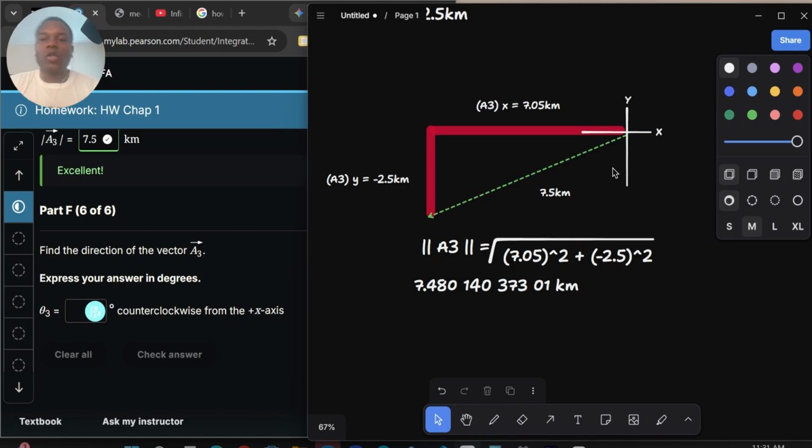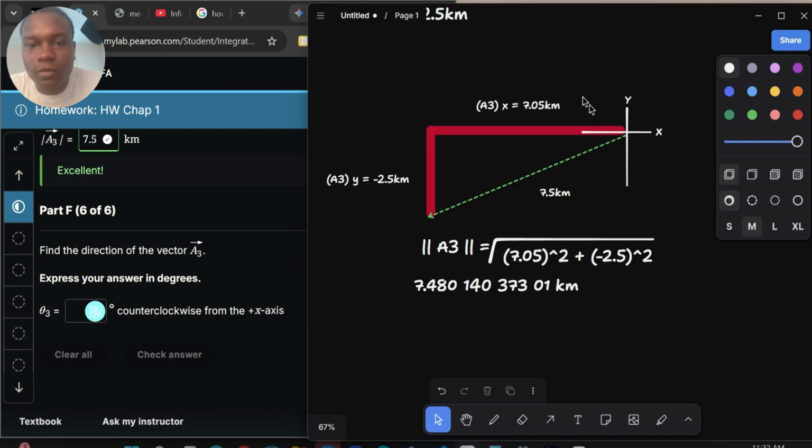Now, all we've got to do is remember that the angle here is what we're going for, and remember SOHCAHTOA.